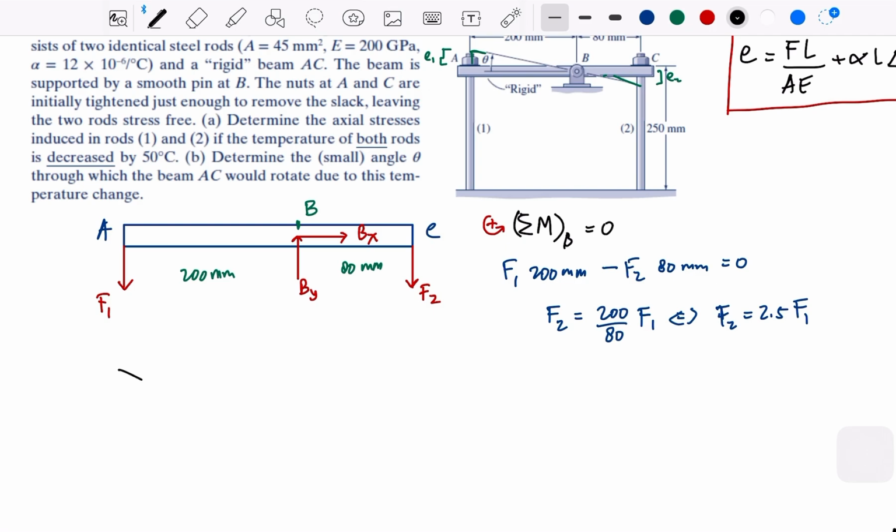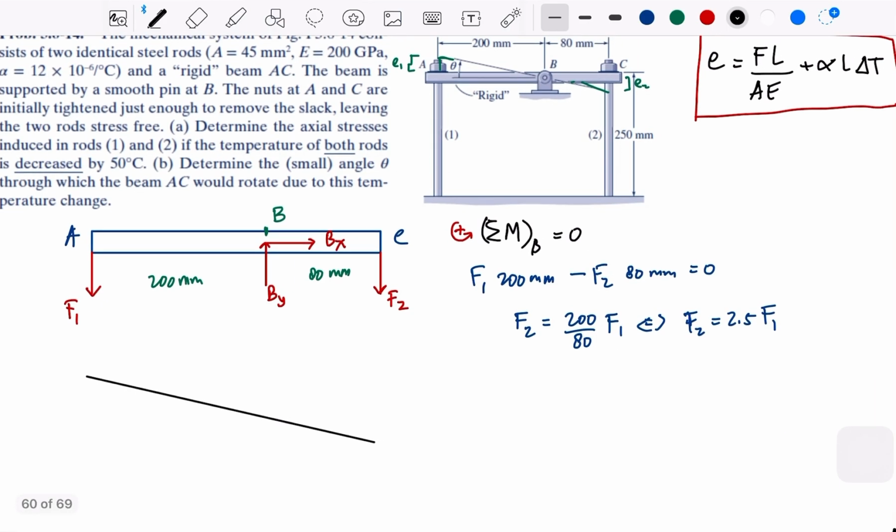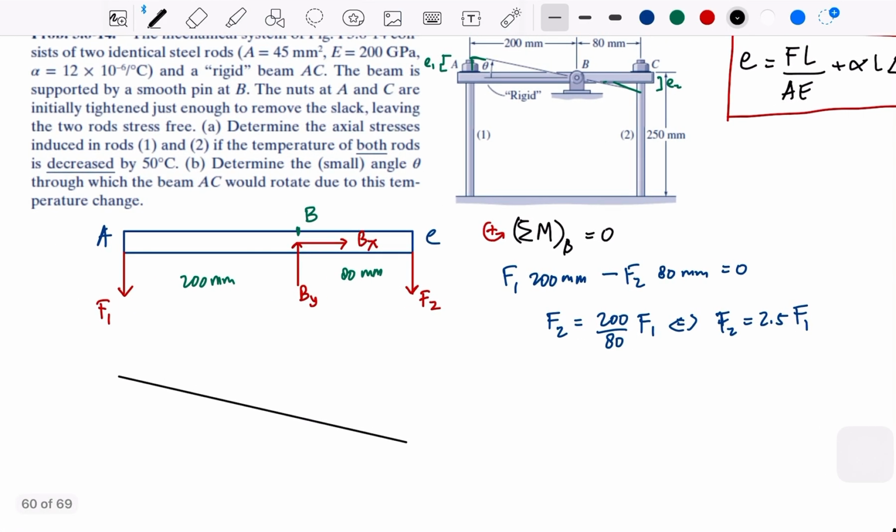Let me just write it as a triangle here, and then write down. Let's say that is maybe going to be left. So this will be e1, and this will be negative e2.